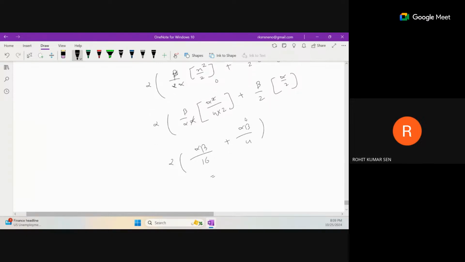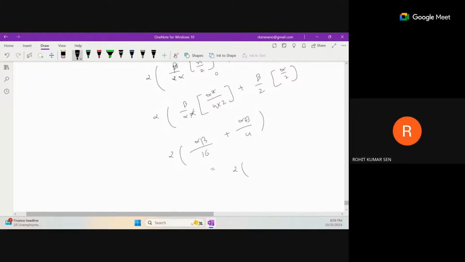And alpha beta value, you know, is 2 by 3. So it is basically 2 into 2 by 3 into 1 by 16 plus 1 by 4 into 2 by 3, right? Now you just need to plug in the value and you will get your answer. Is this clear?